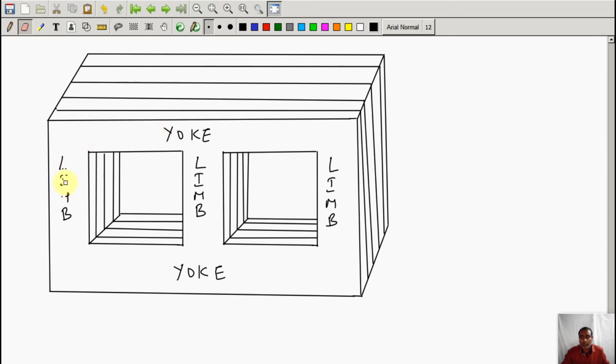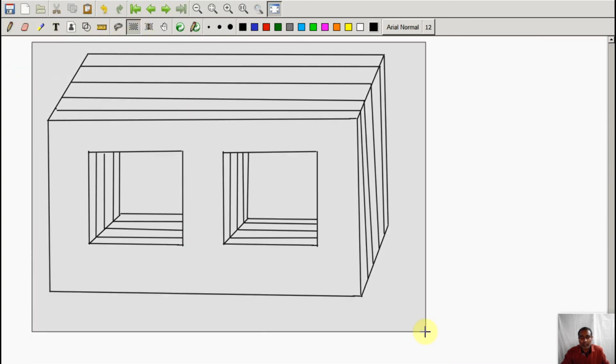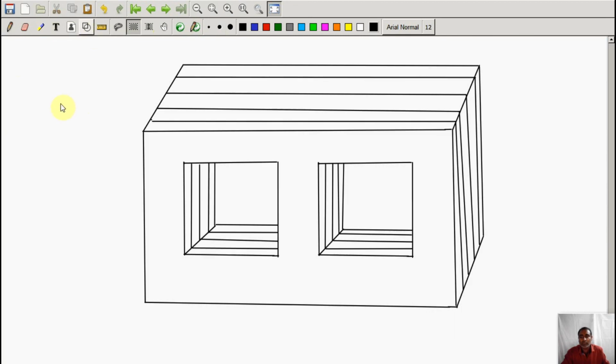We will be placing the HV side and LV side windings on these 3 limbs. There are 3 limbs because we have 3 phases. So we will be placing the HV and LV side of a phase around each limb.